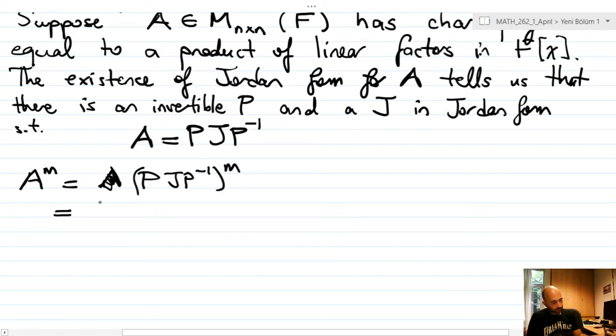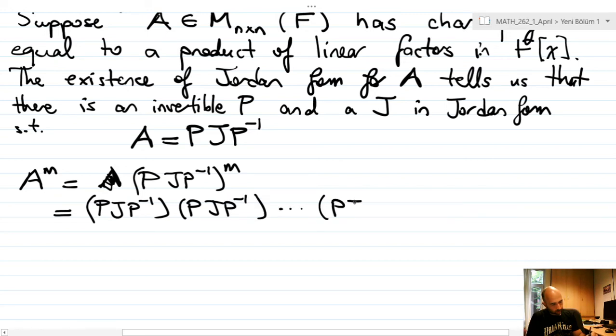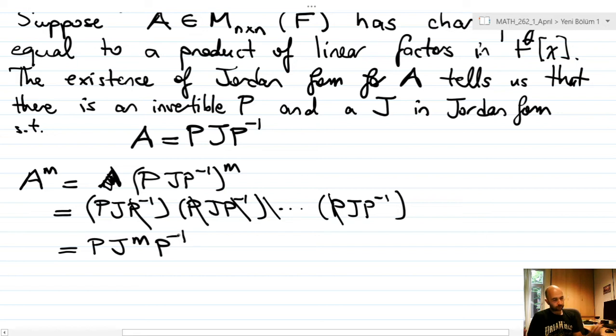Of course, this is like writing m of these parentheses next to each other. But matrix multiplication is associative, so these neighboring inverse matrices would cancel. The rightmost one and the leftmost one do not cancel because there is nothing to pair them with. You would be left with P times J to the power m times P inverse.